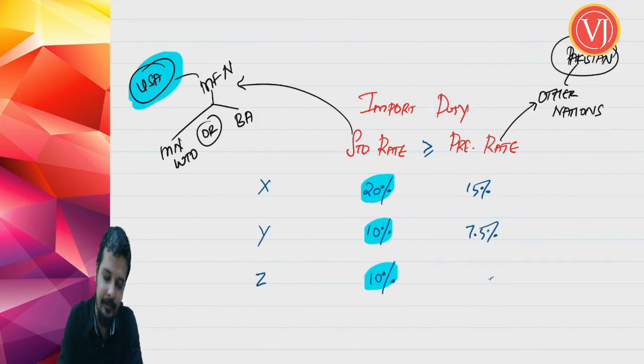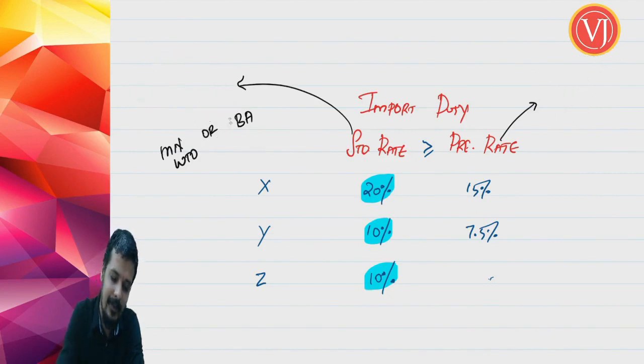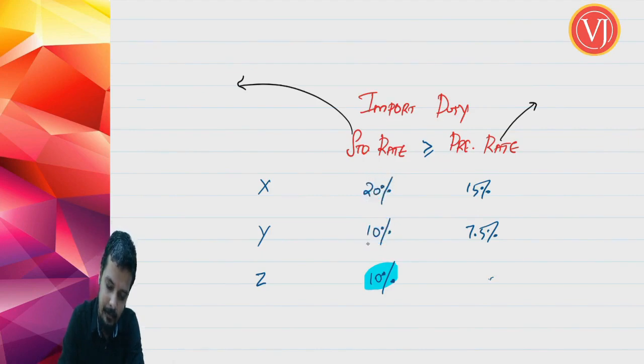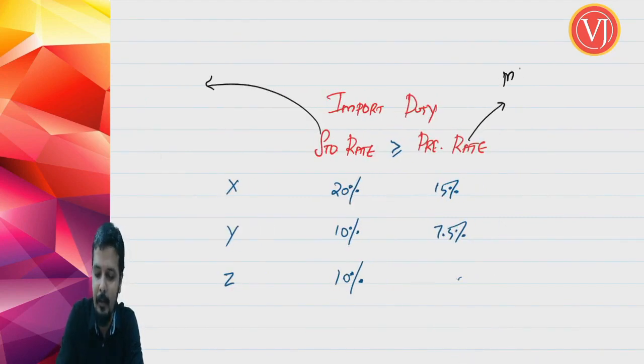Preferential rate will be that given to most favored nations. Lesser rate, preferential rate, is a friendly rate. So when you are talking about preferential rates, the lesser rate, it will be given to most favored nations.